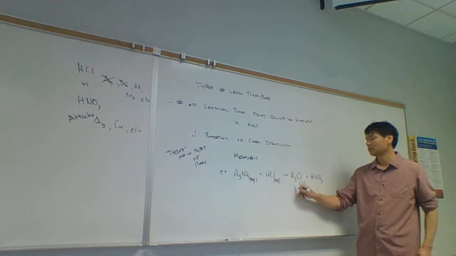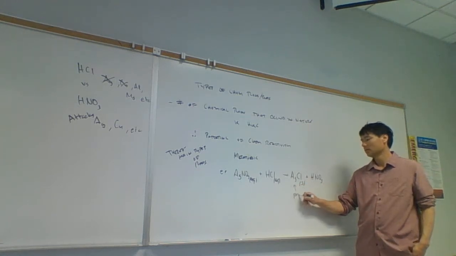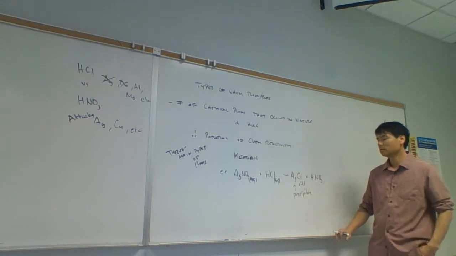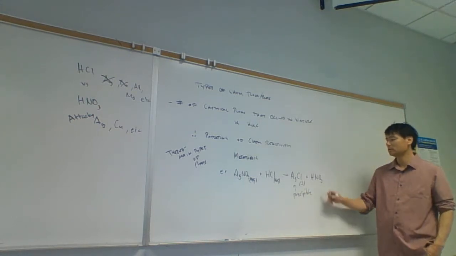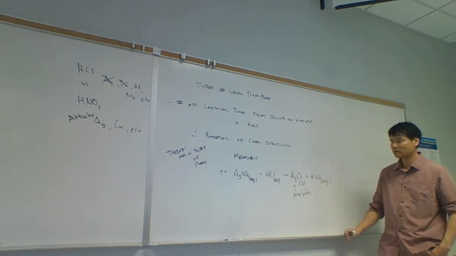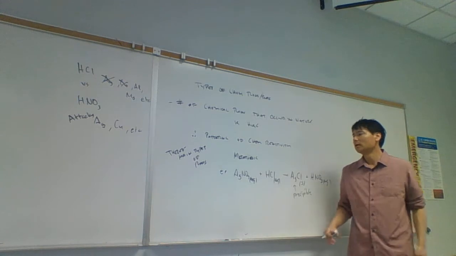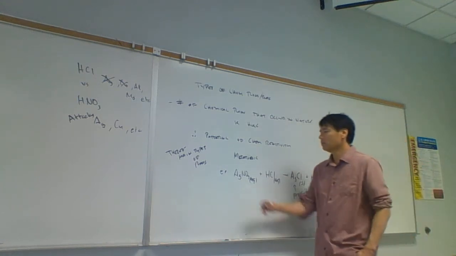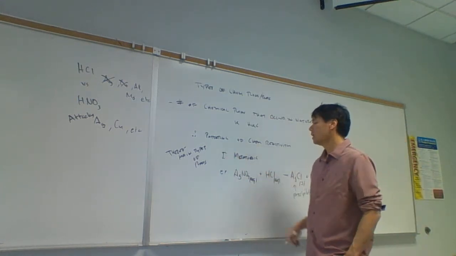This lattice we call a precipitate, because we start to form a cloudy solid in the solution. This is an example of a metathesis reaction in which we just swap the ions. So this is type 1 of the reactions.